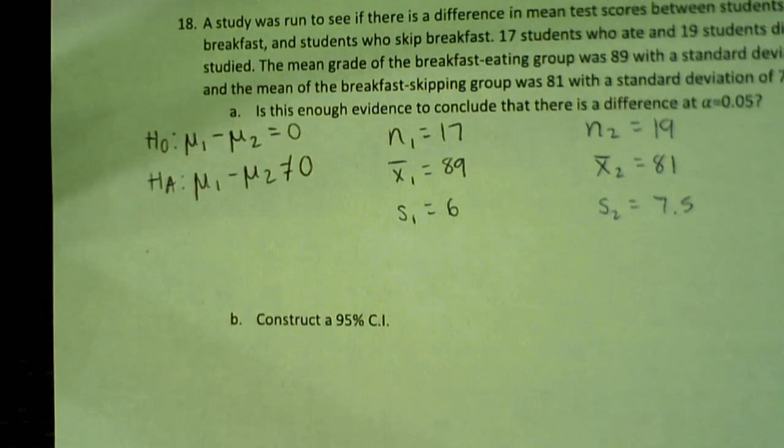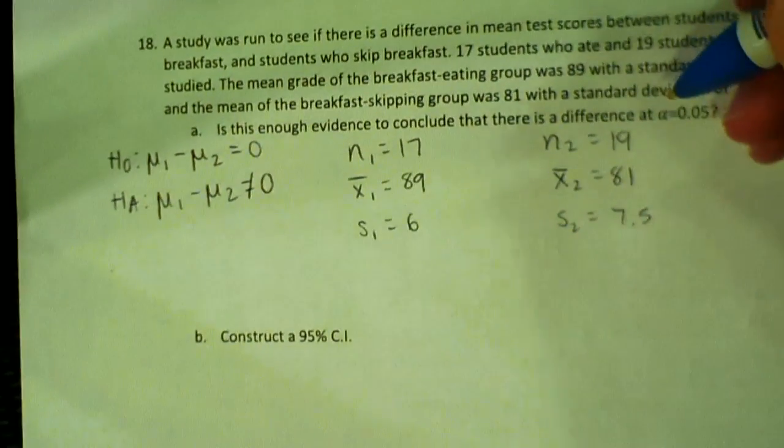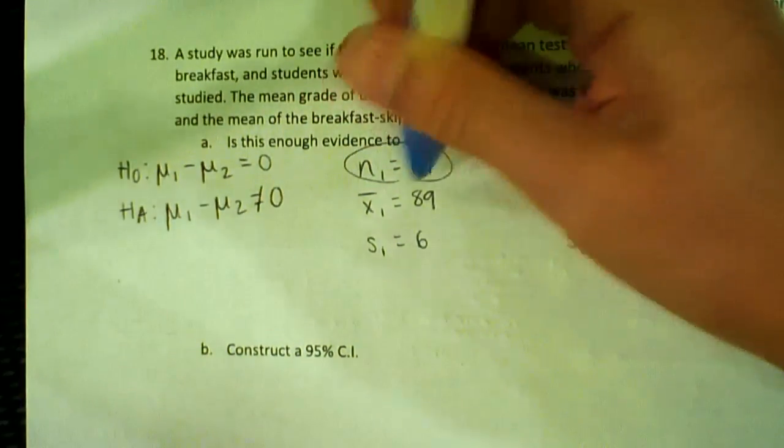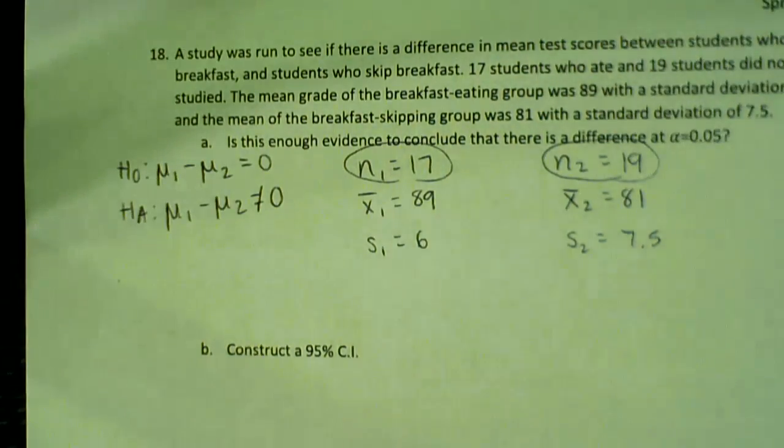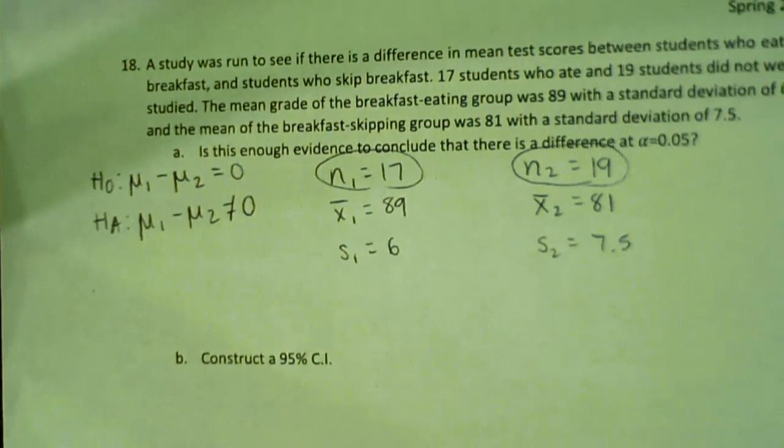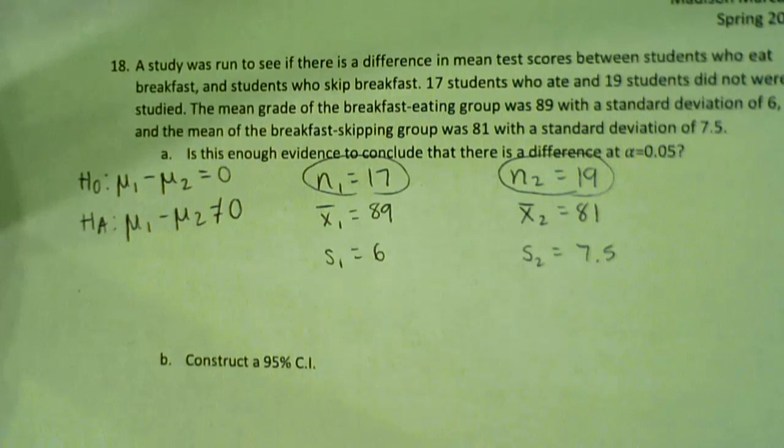So, just like with the other problems, we have to look at our sample sizes. They're both less than 30. So we know we're going to be using the t-tables.